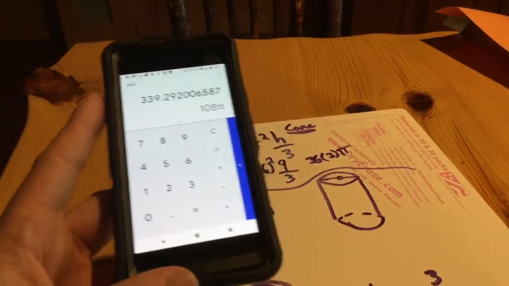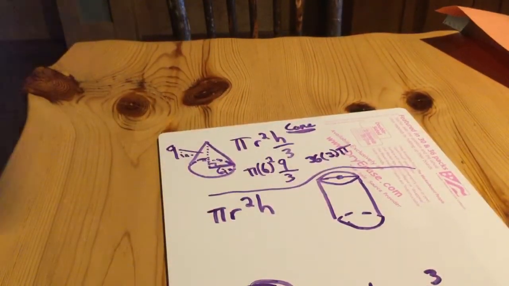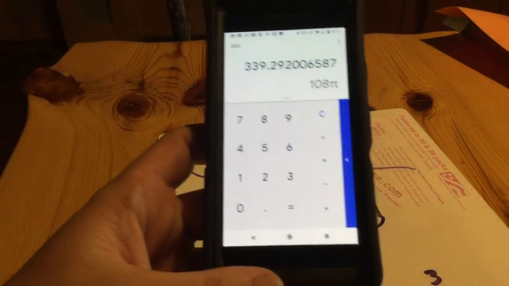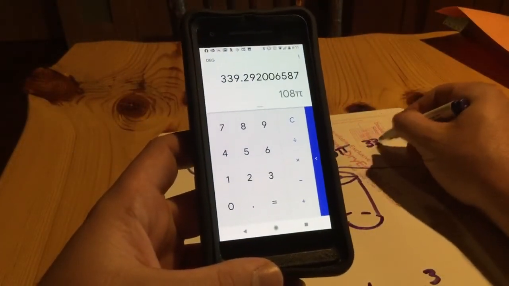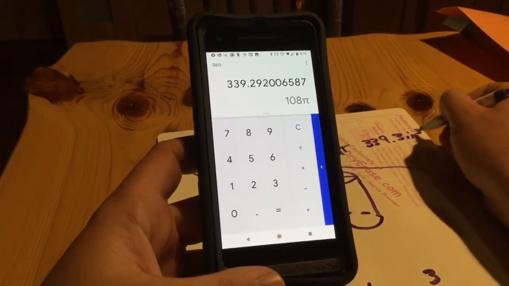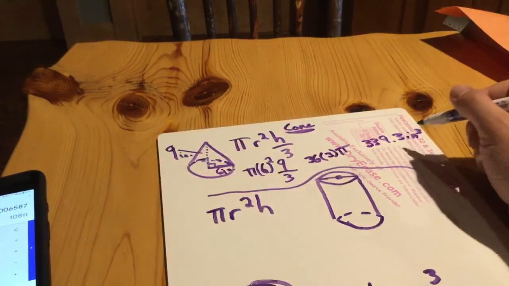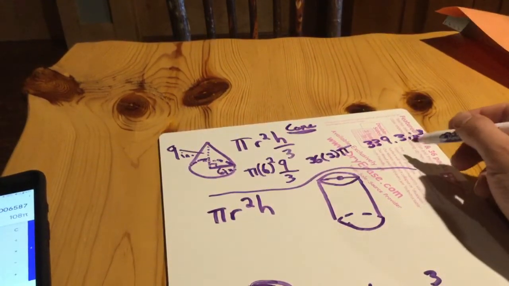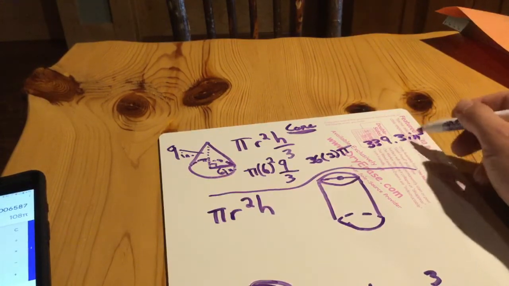108 pi. So if you want, you can write it as 108 with the pi symbol, or you can just round it to one decimal place. So I could write 339.3 inches cubed. Remember to write down what the unit is. Inches cubed. Not just inches, it's cubed inches for volume.